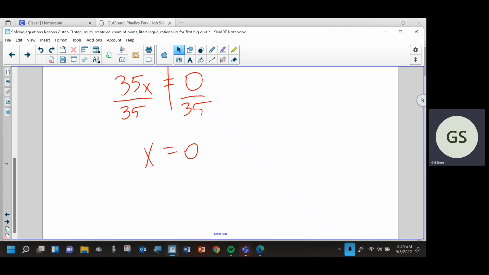Time wise, you still have plenty of time if you know what you're doing to do the two-step. If you're still working on those, you should really be done with those. Make sure you do the two-step. Don't leave those for last. Oh, shoot, I've got to pass out.